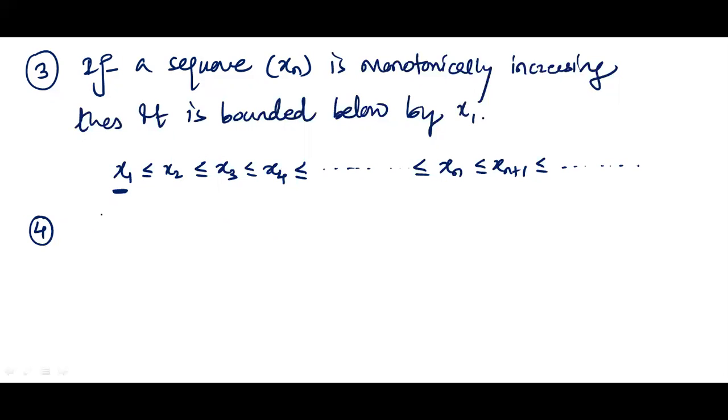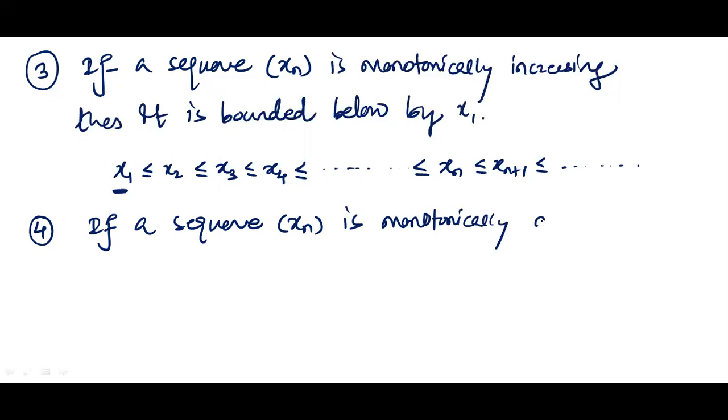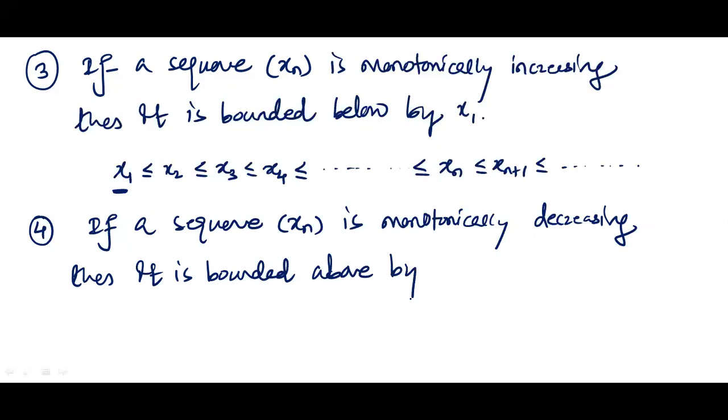Okay, similar note for monotonically decreasing sequence. If a sequence xn is monotonically decreasing, then it is bounded above by its first term, because see, if sequence xn is monotonically decreasing, then x1 is greater equal x2, x2 is greater equal x3, x3 is greater equal x4.